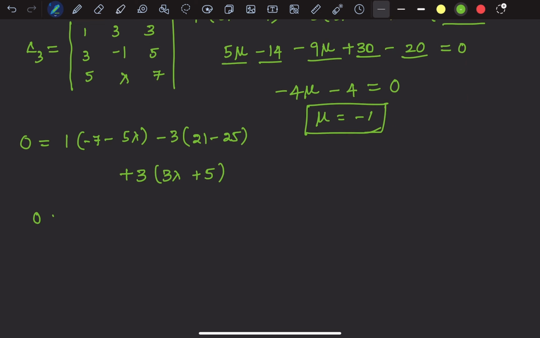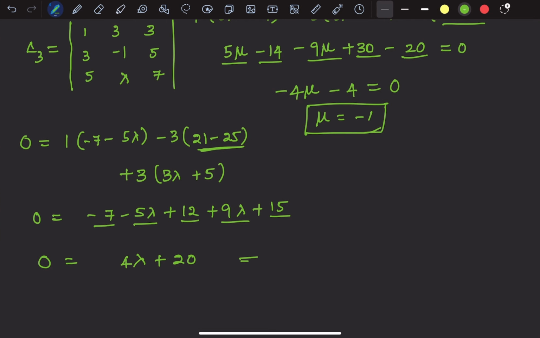So that is simply 0 is equal to minus 7 minus 5 lambda, plus 12, plus 9 lambda plus 15. 9 lambda minus 5 lambda is 4 lambda. 15 plus 12 is 27. 27 minus 7 is 20. So this implies lambda is equal to minus 5.